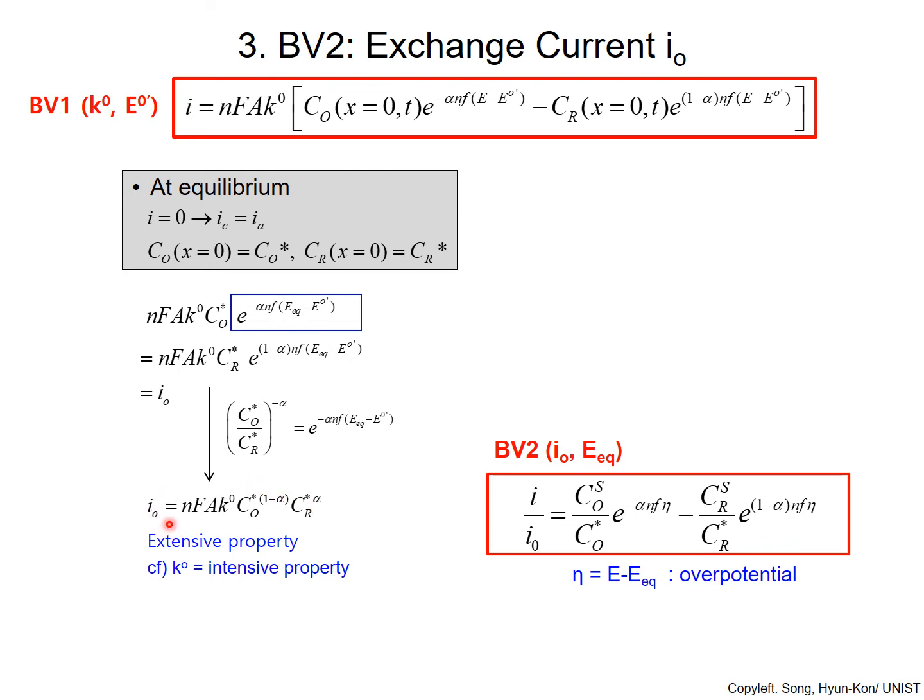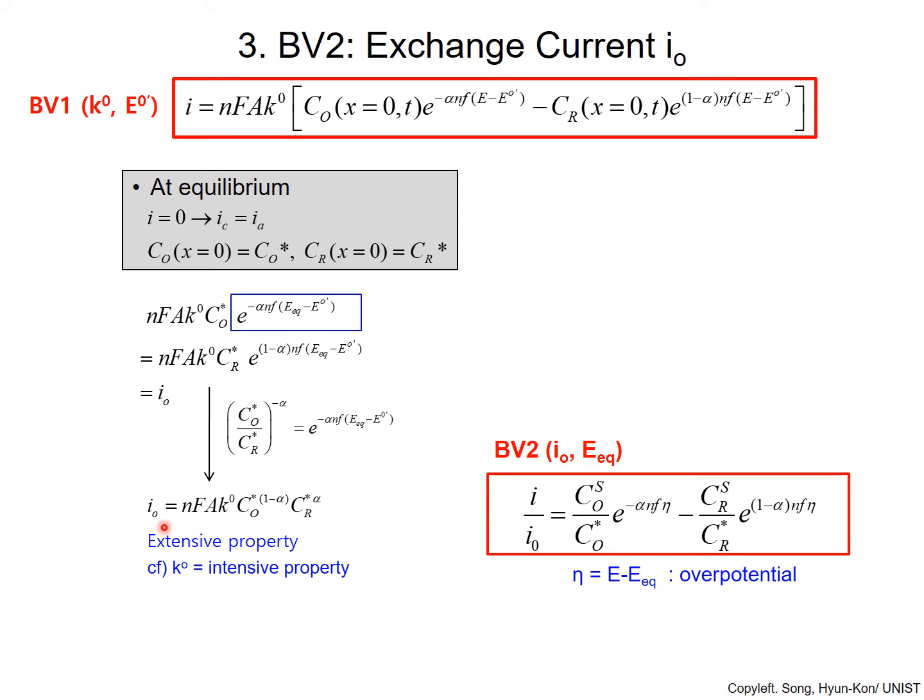That is to say, the exchange current is proportional to the standard rate constant. So, if you have a higher standard rate constant, then you could expect a higher exchange current at equilibrium. You should recognize that the exchange current I0 is an extensive property, or extensive variable.